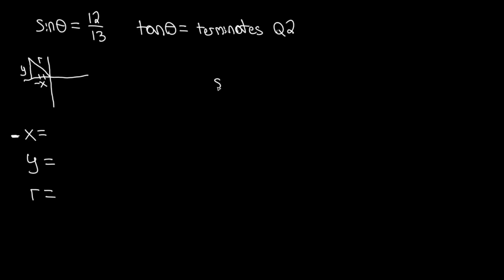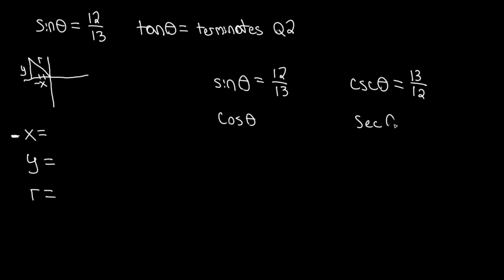Sine, they've given us. So there's one of our 6 already. It's 12 over 13. The reciprocal of sine we can also get. Cosecant, we're just going to flip it. It's the reciprocal of sine. But we still need cosine, its reciprocal, secant.